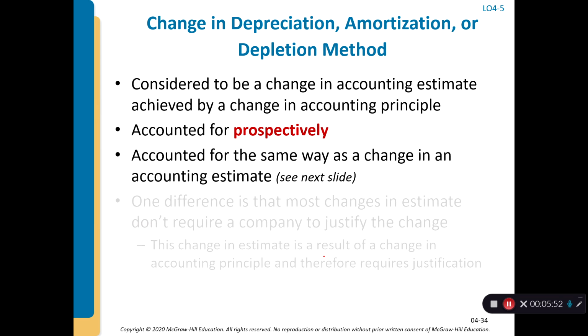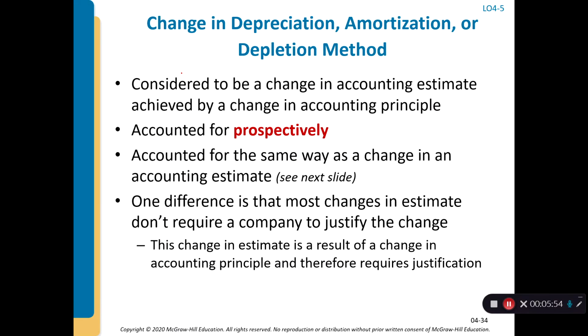Okay. And then let's talk about one specific change that I want to mention here. It's a change in depreciation, amortization, or depletion method. So why does this need to be talked about alone? It's because these changes are considered accounting estimate changes, but they have to be achieved by changing accounting principle.